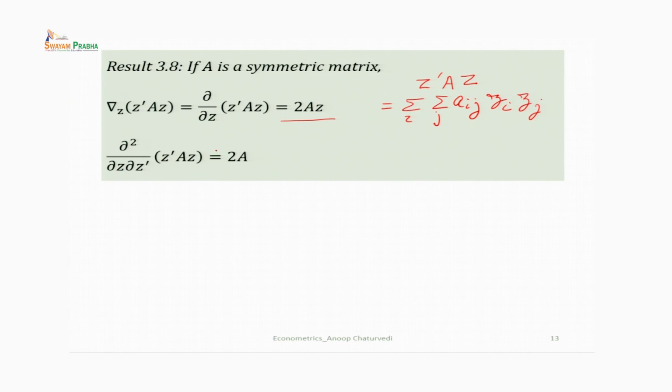If you differentiate 2 times, del 2 over del z del z transpose of Z transpose A z is equal to 2 A.